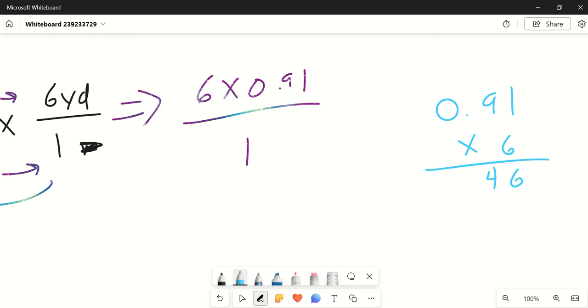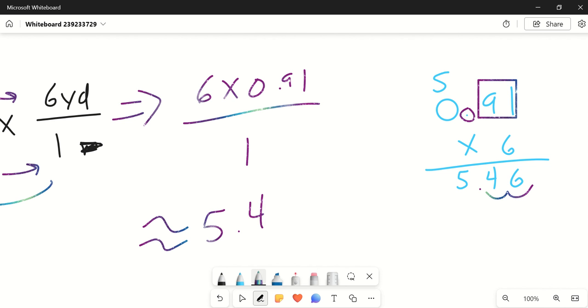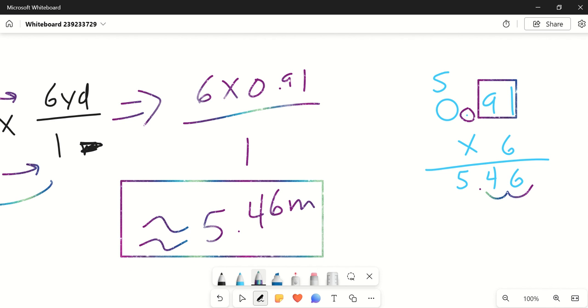So we carry the 5 over. 6 times 0 is 0, plus the 5 is 5. And we look at how many numbers were after the decimal. 2 numbers were after the decimal. Therefore, my answer is approximately 5.46 meters. 6 yards is approximately 5.46 meters. And that's why I set it up that way.